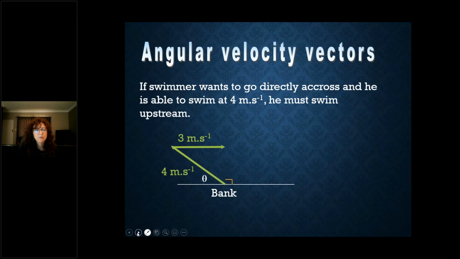He will swim in order to get from here to there. He must swim 4 meters per second at a certain angle to the bank in order to get this. The resultant will therefore be directly across the river.